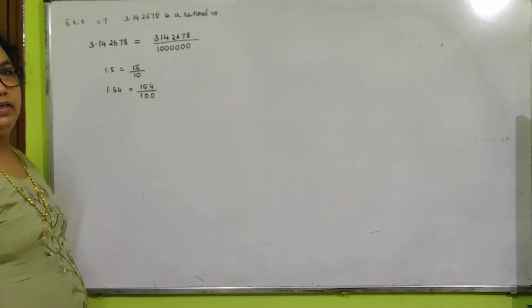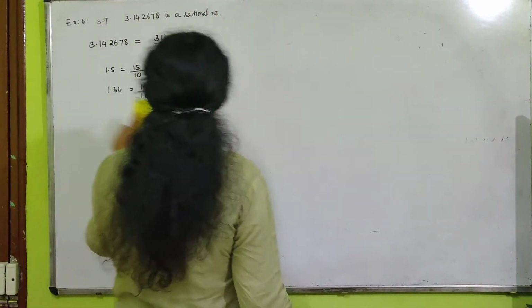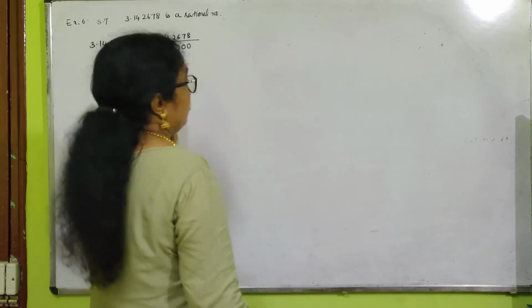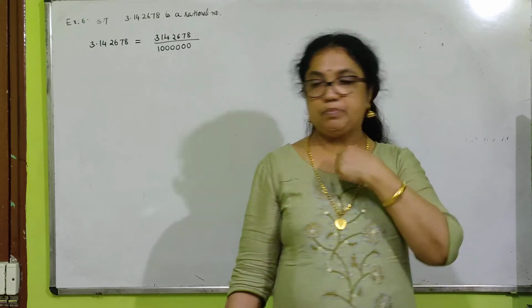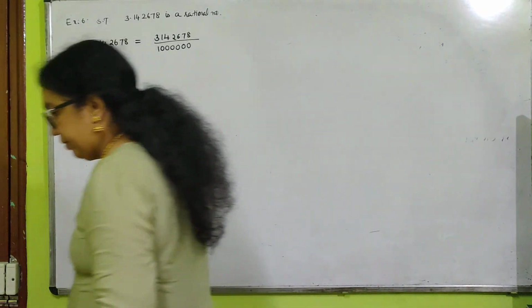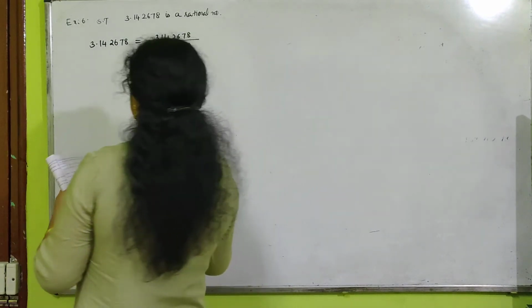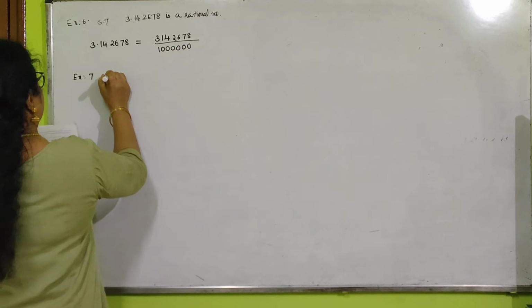That is the same way I have done with this. I just showed it to help you understand. So this is a terminating one, so you can write it in P by Q form. This is an easy way to show it is rational. This is P by Q form. Now next, show that. Example 7 it is. Show that.